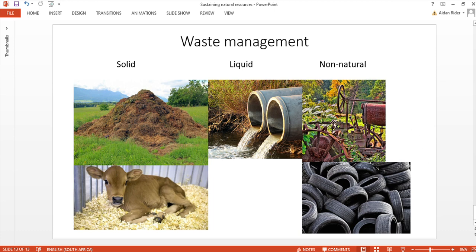And with your old tools and machinery that's a bit rusted, it is bad for the environment if it's just standing there, but it can also be reused, sometimes painted over, and it can be a nice ornamental thing on the farm. But it's important for farmers to actually reuse these things as well, because if they heap up, like in the case of the tires, it is a sort of pollution.